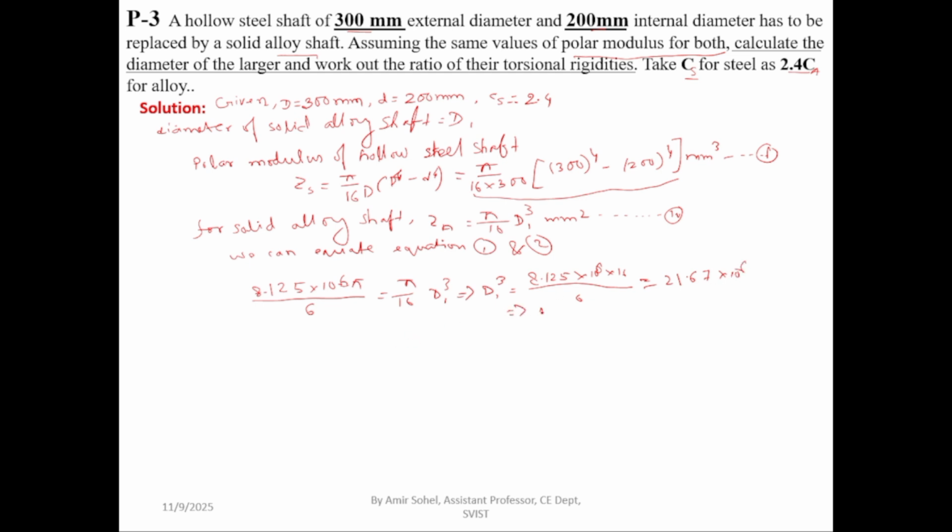So from here we can have the value of D1, which is 27.8 mm. What we are asked to find is the diameter of the larger value, so D1 is the answer.